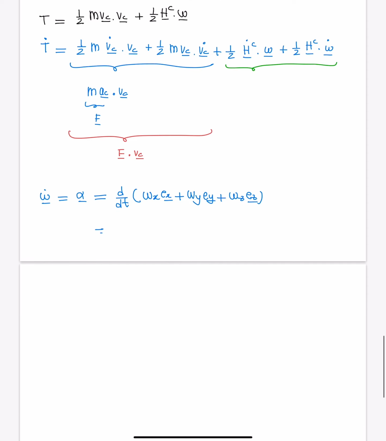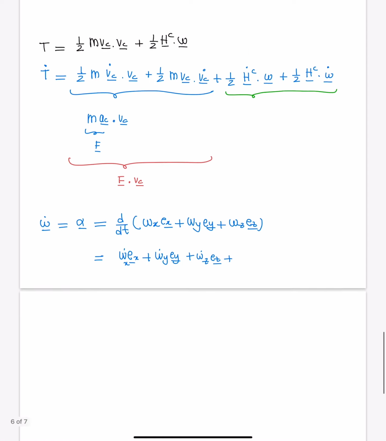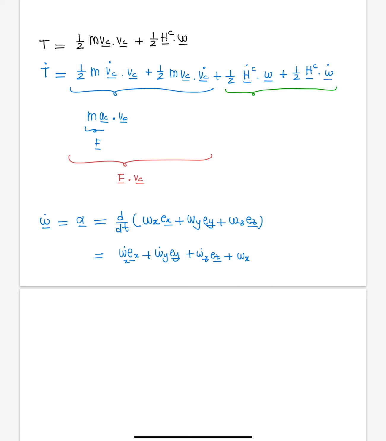Okay, that's omega x dot ex plus omega y dot ey plus omega z dot ez, plus the derivatives of the basis vectors. That's the rotational basis, so the derivatives of ex, ey, ez are non-zero: omega x ex dot plus omega y ey dot plus omega z ez dot.